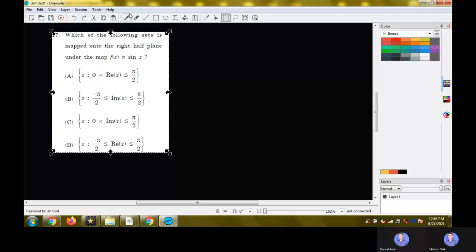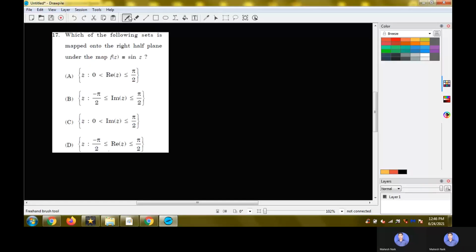The question says, which of the following sets are mapped onto the right half plane under the map f of z equal to sine z? Now, when it comes to this particular complex function f of z equal to sine z, we can have its expansion in terms of hyperbolic functions and trigonometric functions.